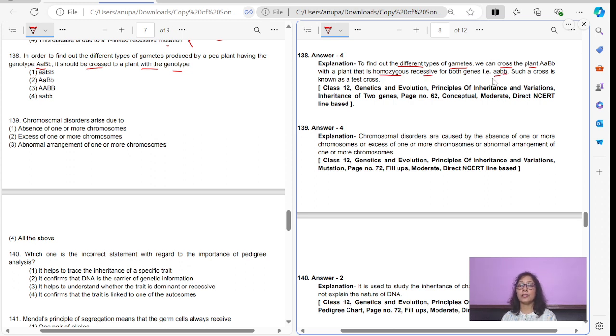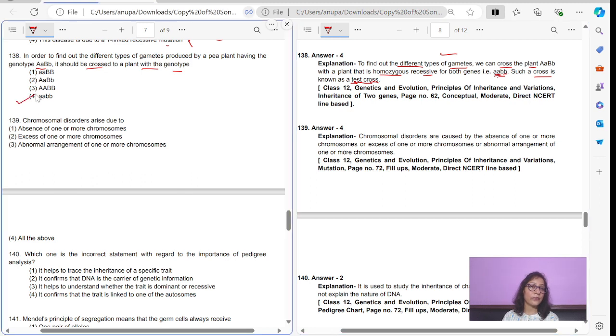Such a cross is known as a test cross. In fact, the test cross is given this name because it determines the types of gametes. So the answer for this question will be aabb, recessive for both genes. Option number 4 is the correct answer.